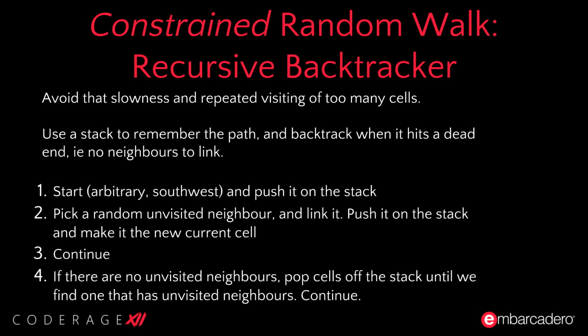So it still tries to randomly walk, and it tries to link. But this algorithm is aware of a dead end where it hasn't got any neighbors that it can link. So it does that by keeping track of where it's been, and if it finds it's in a dead end, it backtracks until it finds a cell with a neighbor that it can link to, and then it heads off in that direction.